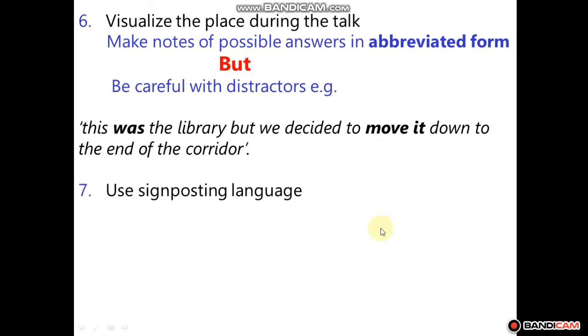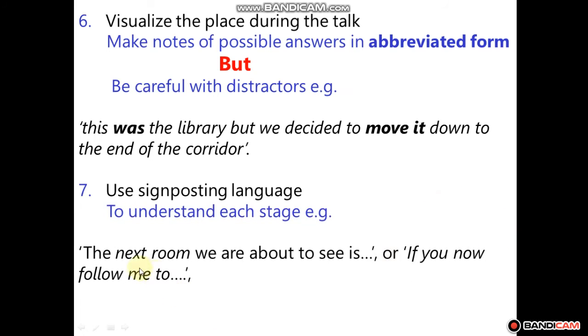Okay, and then number 7, use signposting language. Signposting language, what is that? These signal to understand each stage. For example, the next. Now you know some stage has already been discussed, and now we are moving to the next stage, the next room.